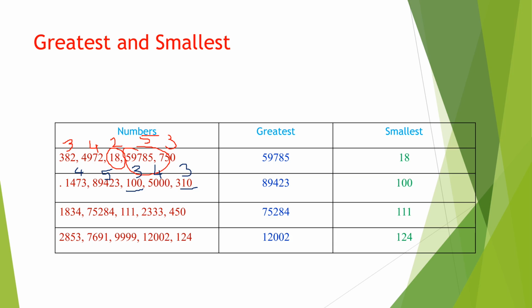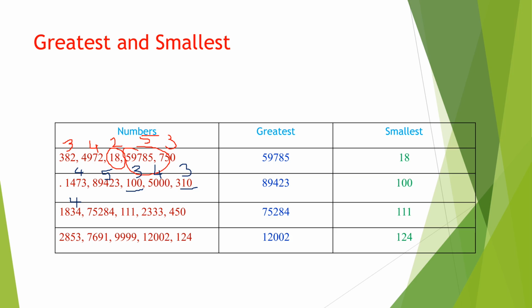Next question. 1,834, 75,284, 111, 2,333, 450. First find out the number of digits. In 1,834, we have 4 digits.